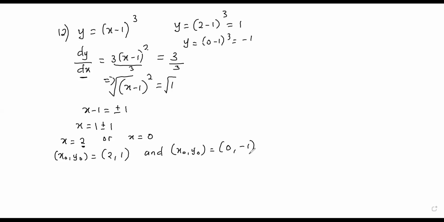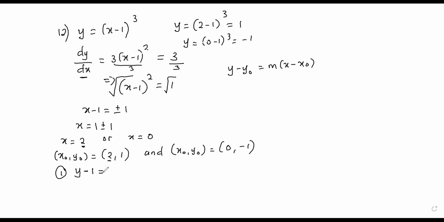A line is y minus y naught equal to m times (x minus x naught). So we have 2 points where the tangent lines are going to pass, meaning you're going to have at least two lines. The first line will be y minus 1 equal to m. What is our m?